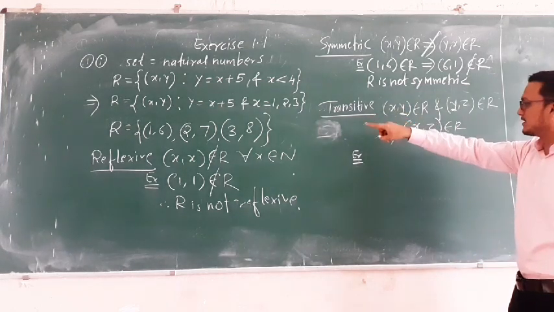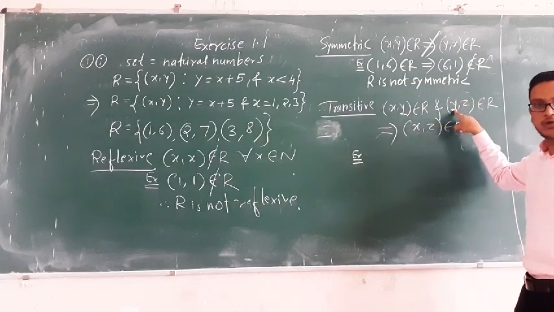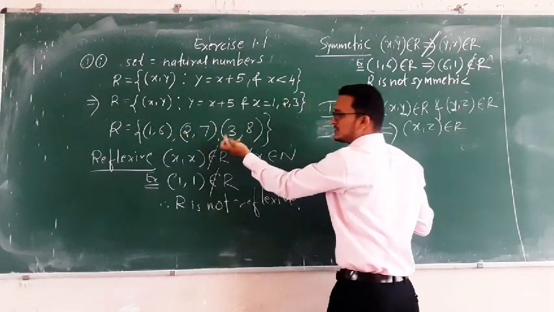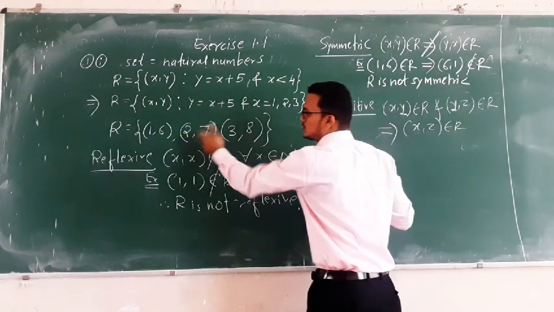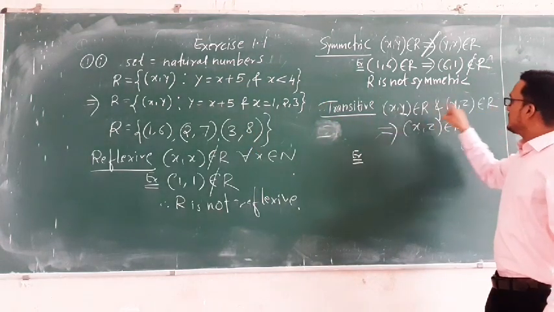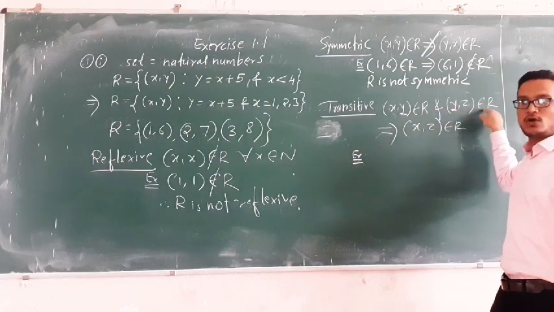Let us check whether we have ordered pairs where y is common. See here, for (1, 6) we don't have another pair with 6. (2, 7) doesn't have one, and (3, 8) doesn't have one. That means we don't have 2 ordered pairs of the form (x, y) and (y, z) in R.